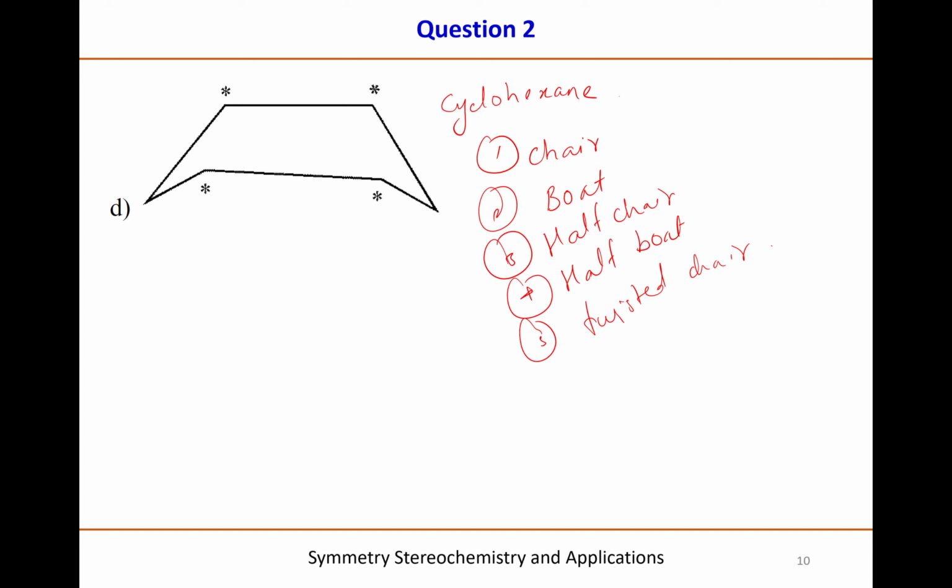These types of conformations are there. Here we have to find out the Newman projection of these 4 star carbon atoms, right? So first of all, we have to find out which conformation it is, this one.